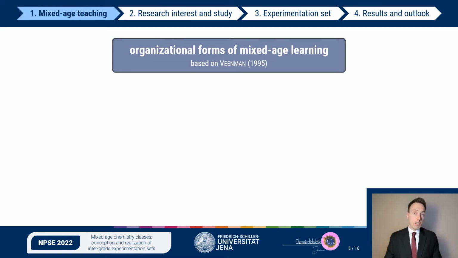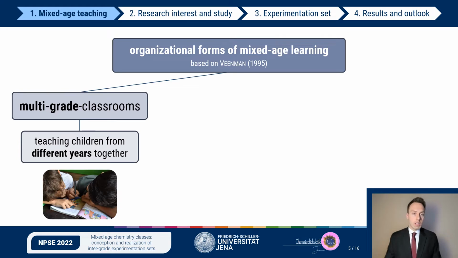In the context of mixed-age teaching, three different organizational forms can be differentiated, according to Wienman. The so-called multi-grade classrooms are basically understood as the teaching of different grades together, in contrast to the classical single-grade classrooms.